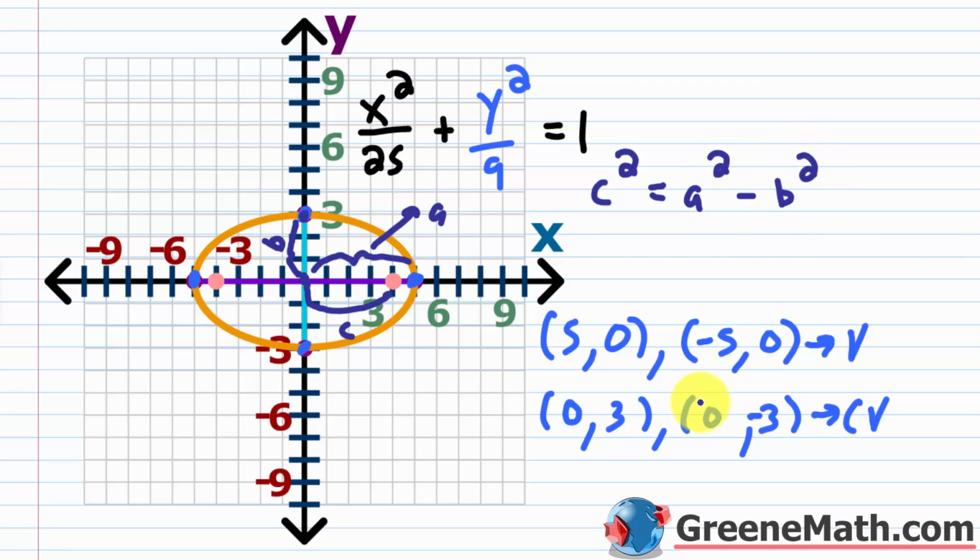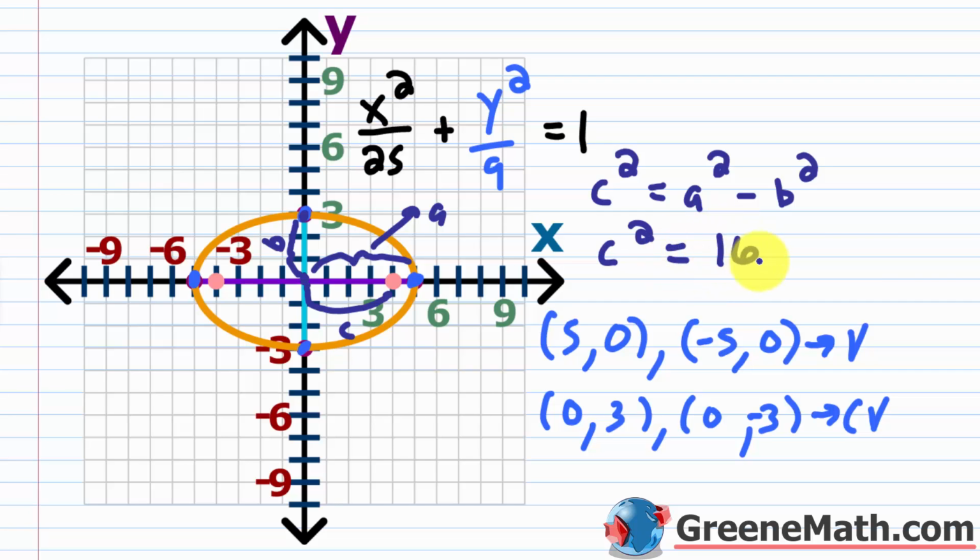So I can call a 5, because the distance from here to here is 5 units. So a squared is 25, and b is 3 units, so b squared is 9. 25 minus 9 is 16, so c squared is equal to 16.